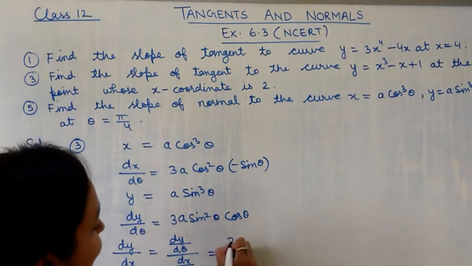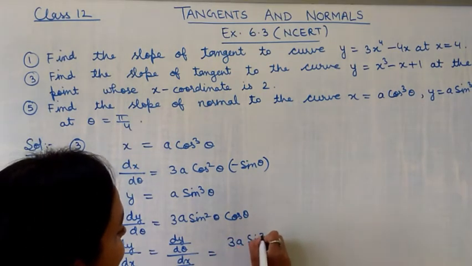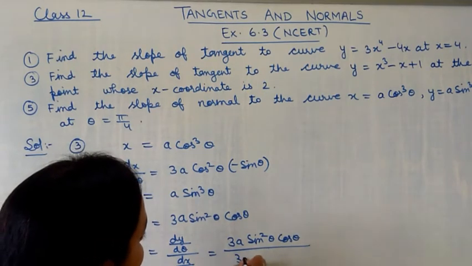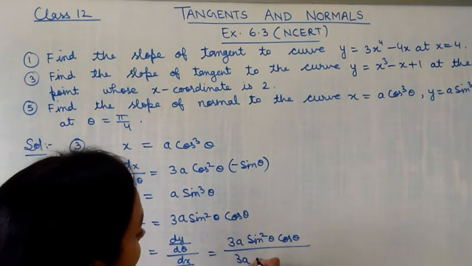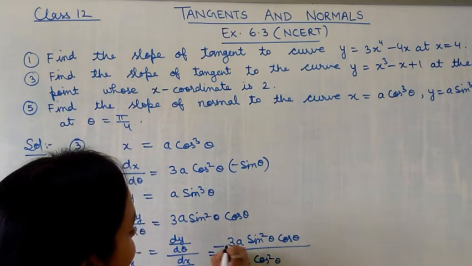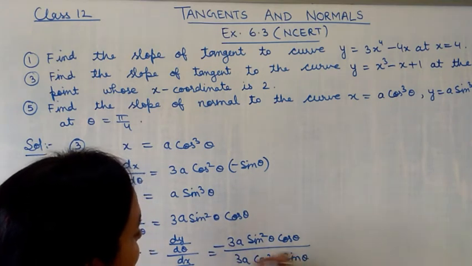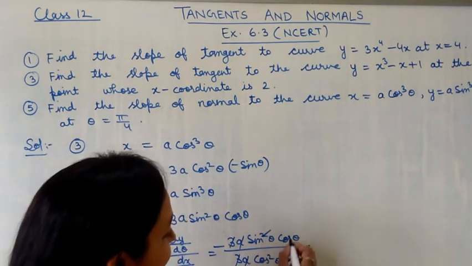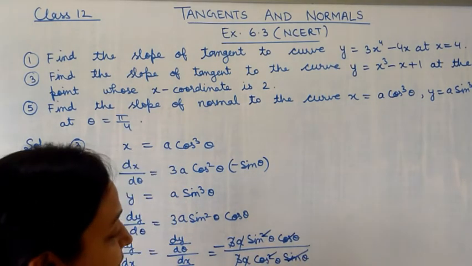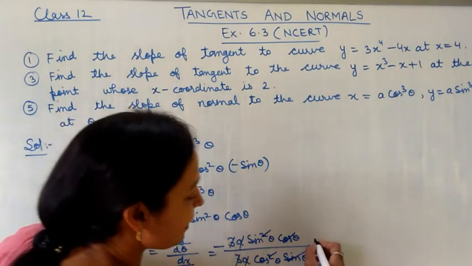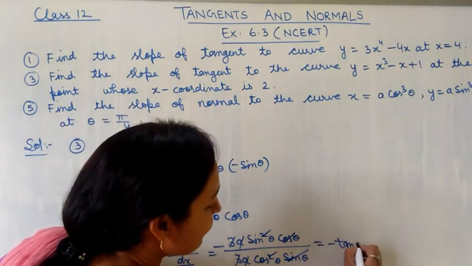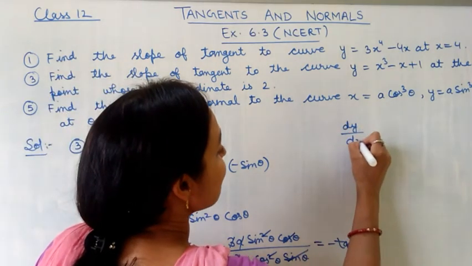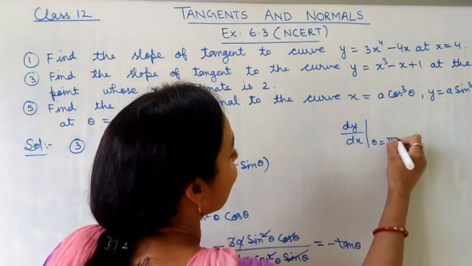I will take the value 3a sin square theta cos theta divided by 3a cos square theta, and minus comes here, sin theta. This 3a will cancel. Sin is cancelled with sin, cos is cancelled with cos. Only sin and cos are left. That is minus tan theta, right? Now dy upon dx at theta is equals to pi by 4.